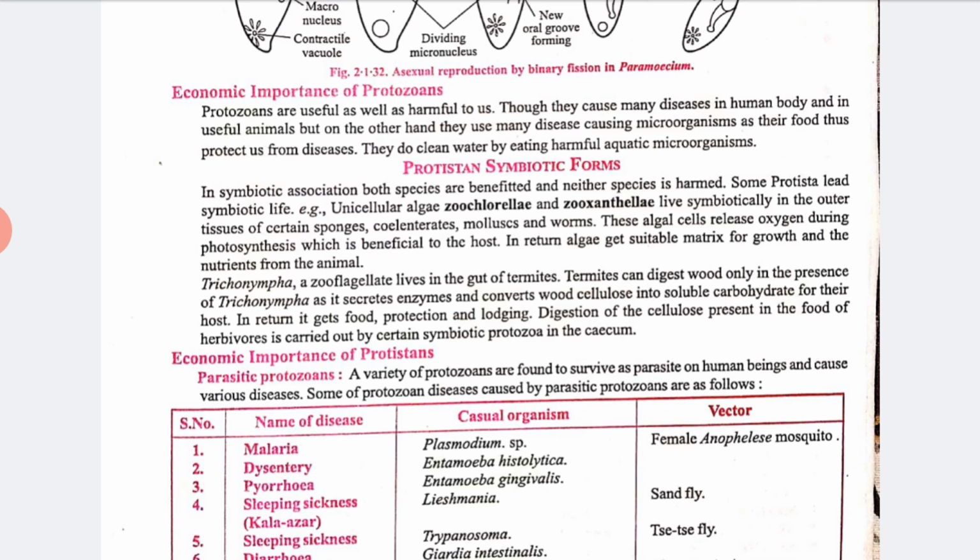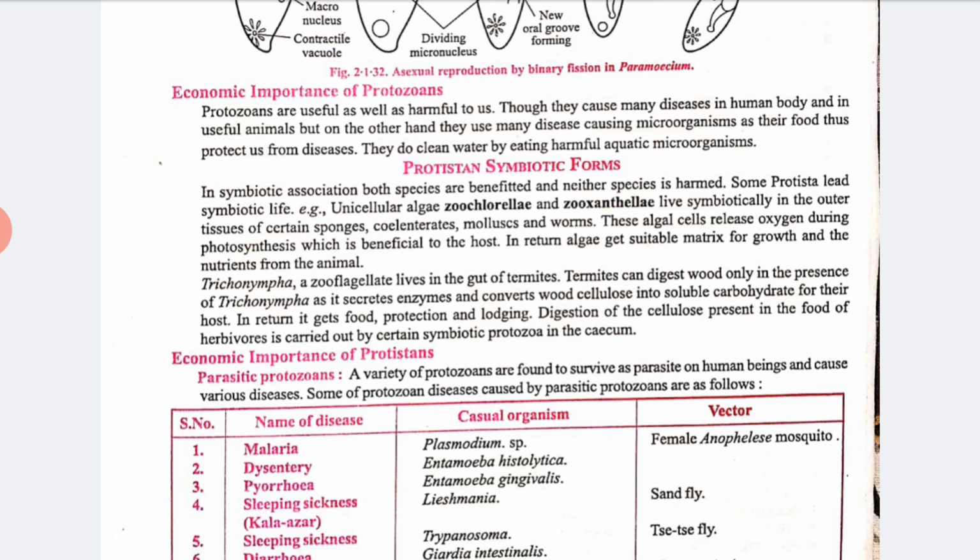These live symbiotically in the outer tissue of certain sponges, coelenterates, molluscs and worms. Yes, these algal cells release oxygen during photosynthesis, which is beneficial to the host. The algae get a suitable matrix for growth and nutrition from the animal.